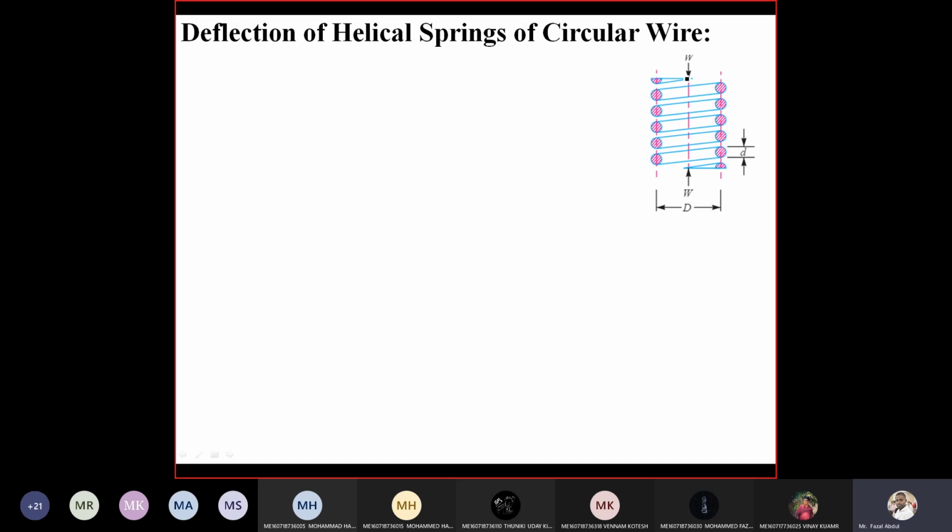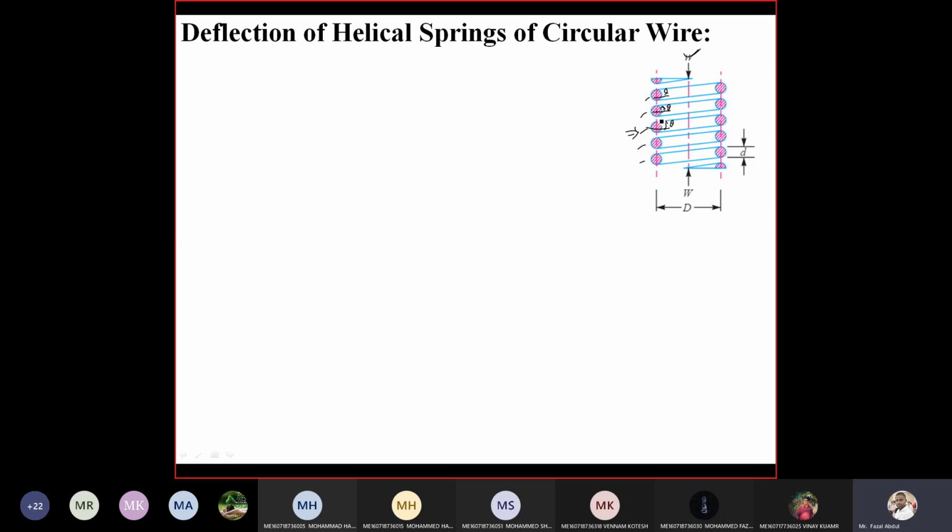See here, because of application of load, the coils of the spring are going to deflect. If you consider one particular coil, the deflection we can find in an angular direction. In the same manner, we can find the deflection in an angular manner.